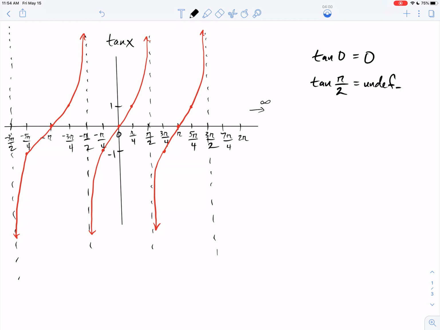I don't have an answer for that. So if somebody said, what is the tangent of 180 degrees? I look at my graph and I say 180, that's the same as pi, so oh, that's also 0. And remember, the period for tangent is different than sine and cosine. For tangent, we find the asymptotes, and the distance between them is its period.